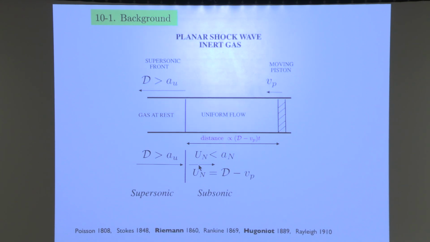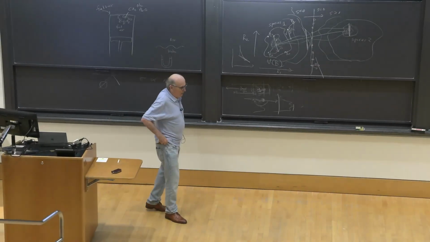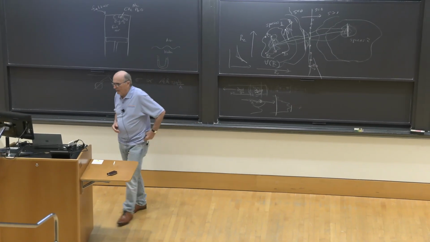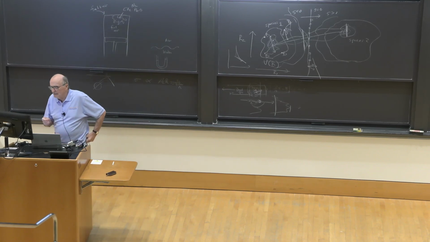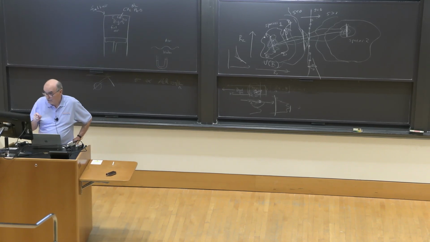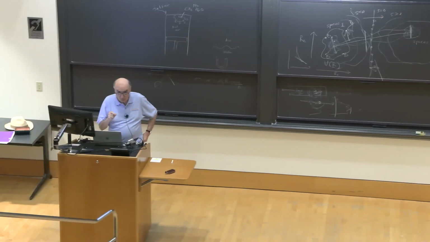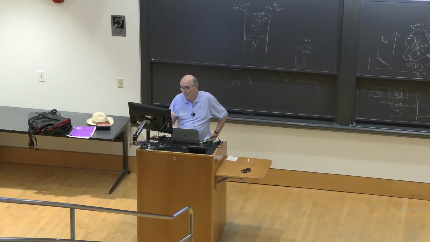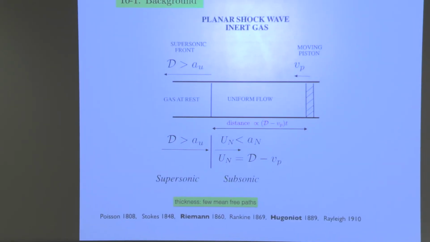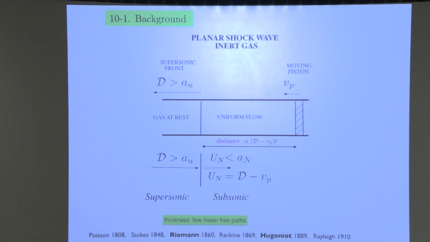One very difficult problem, that people doing numerics know very well and have to cure, is that the thickness of this shock wave is microscopic. It has a few mean free paths, which means what?